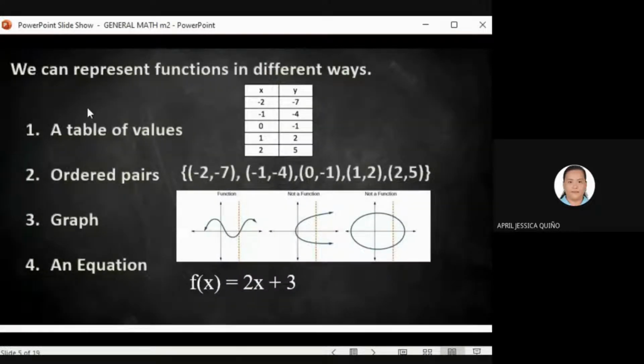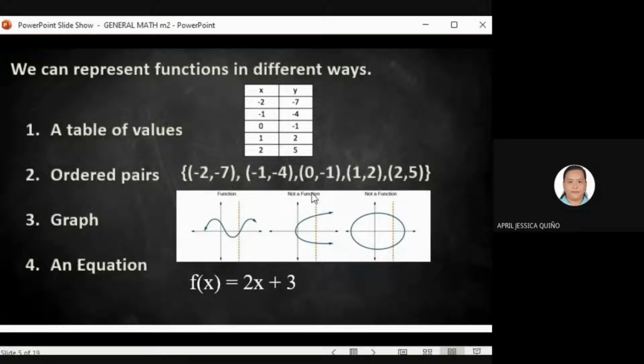Next, we can represent functions in different ways. First one is through a table of values. Ordered pairs, we can also use this. Sa graph, we need to use a vertical line test to identify, mga anak, if it's a function or not. As you can see dito sa first graph, this is a function. It's because the vertical line only intersects exactly one point only.